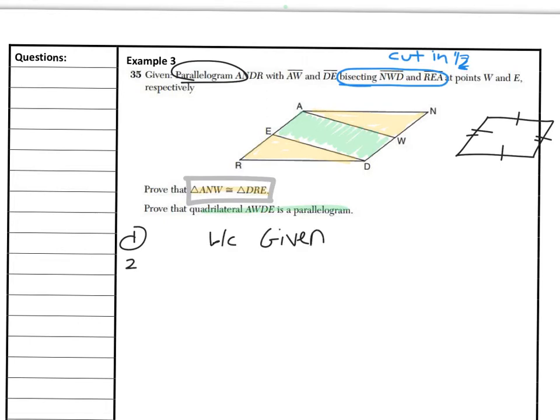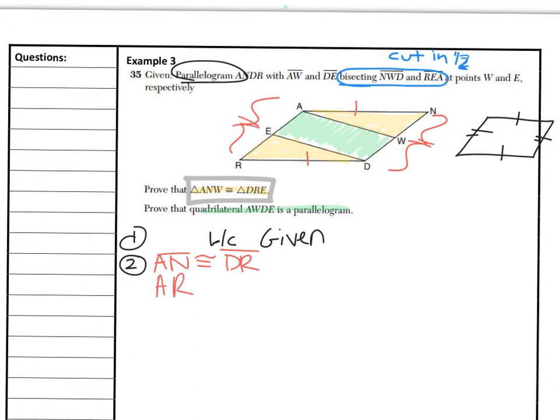We're just going to be using any properties of parallelograms that we possibly can in order to get those two yellow triangles congruent. So we're going to say that AN is congruent to DR, matching up your parts, because opposites are congruent. And we know that other opposite sides, here and here, are also congruent.